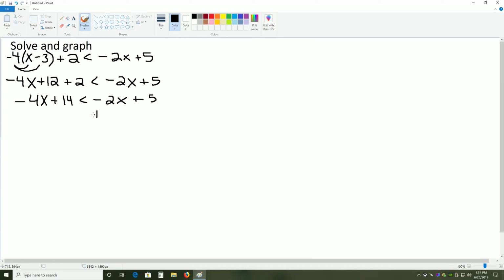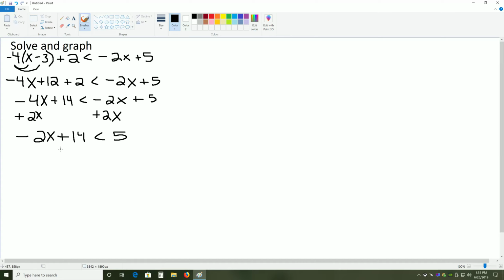So I'm going to move the 2x to the other side by adding 2x to each side. That'll cancel out the negative 2x on the right, which gives us negative 2x plus 14 is less than 5.